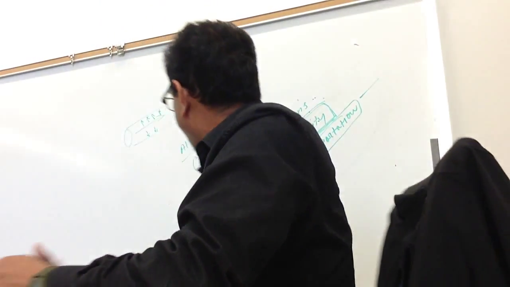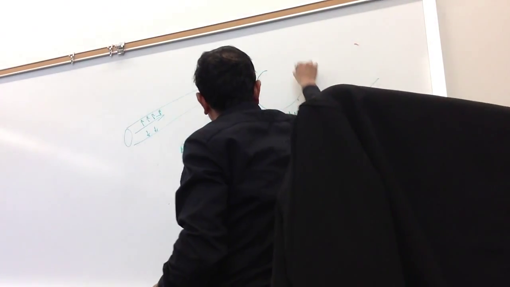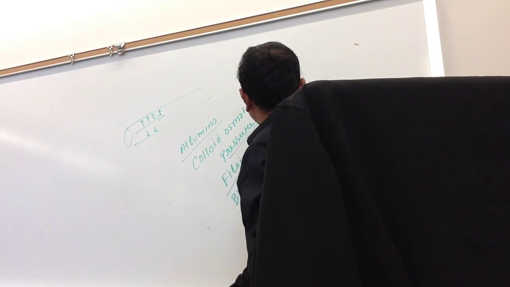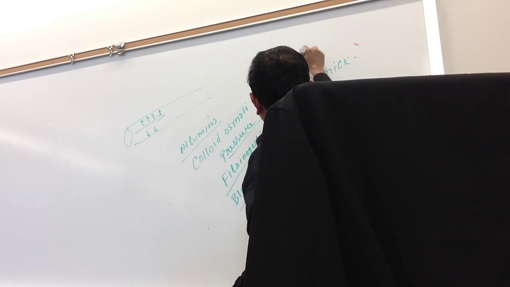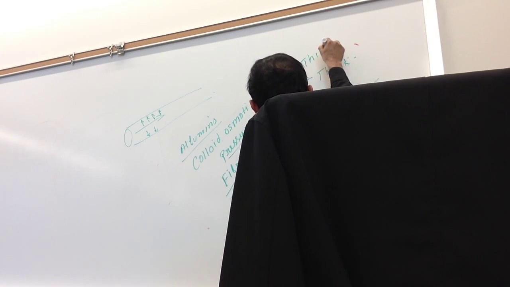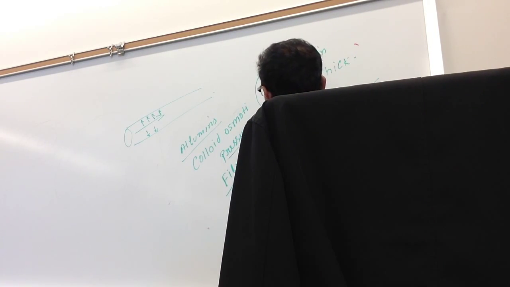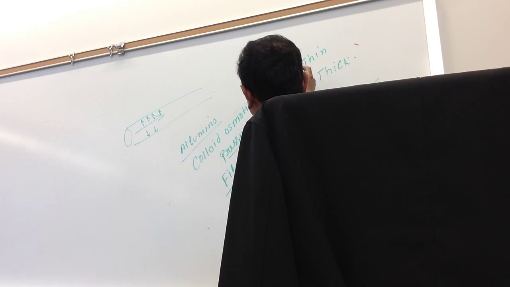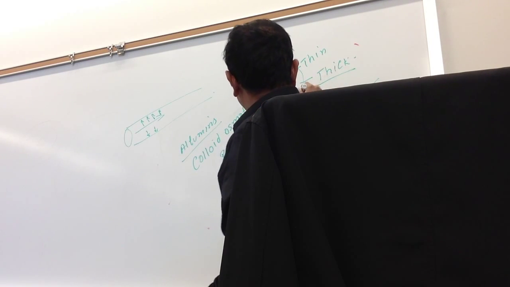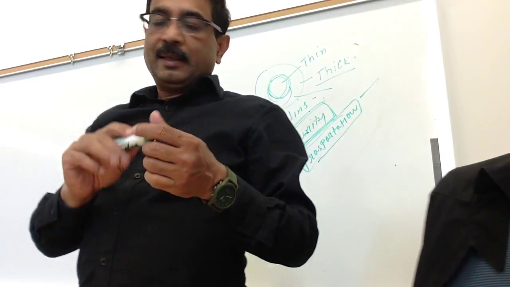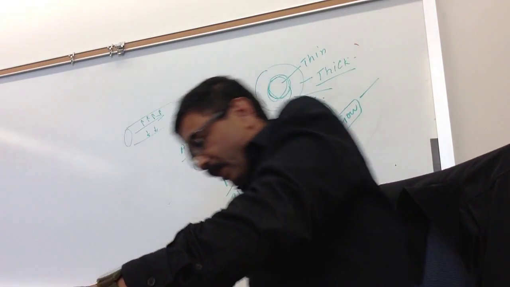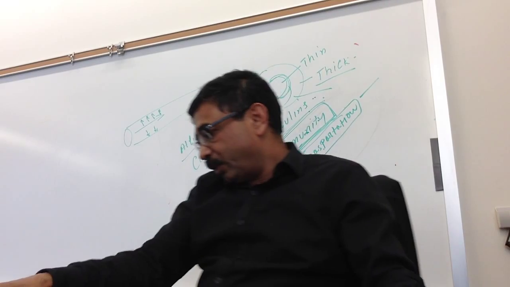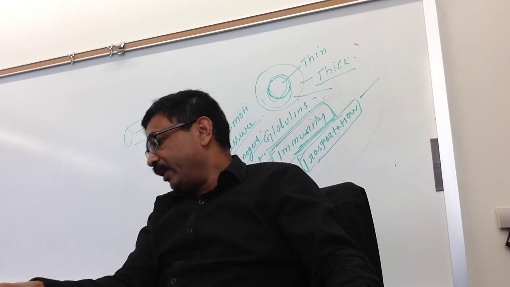And the outer part of the red blood cell is thick, and the inner part is thin, like a membrane. A thin membrane is in the center part, but the outer part is thicker, and that's the rim. So, in a mature red blood cell, you don't have any nucleus, but you have hemoglobin.